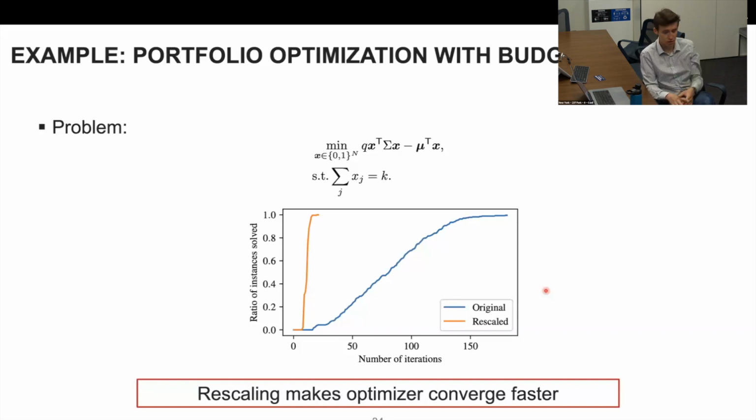So it's locally convex around origin. But what we're asking is how long does it take us to find this local optimum? And for the same optimizer, we use here BOBYQA, we see that we take on average 7 times fewer iterations to converge to the same local optimum, suggesting that the simple rescaling rule drastically improves our parameter optimization performance.